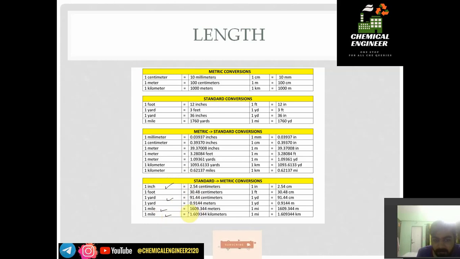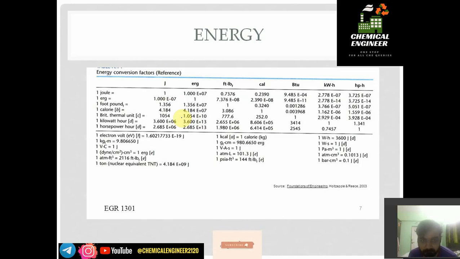You can just remember these 4 values and find any of the others from the above. 1 foot equals 12 inches, 1 yard is 3 feet, 1 mile is 1760 yards. Just remember these 5 to 6 equations, and you will remember all the others.